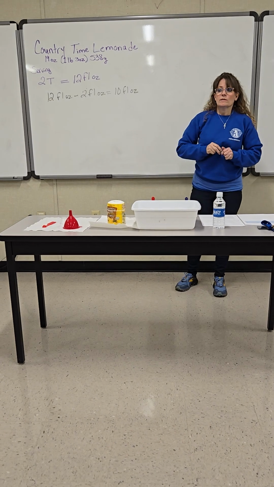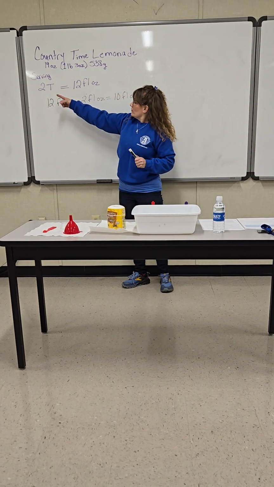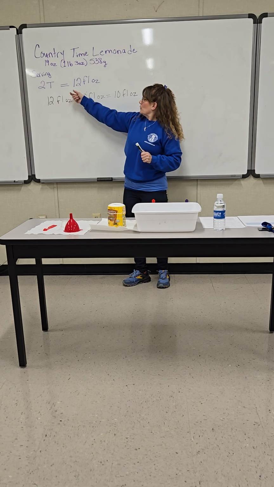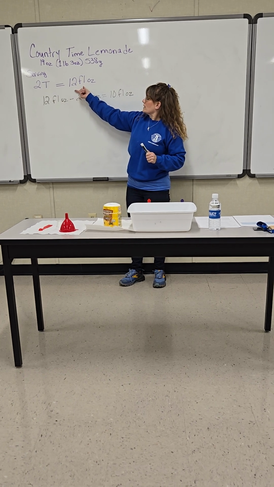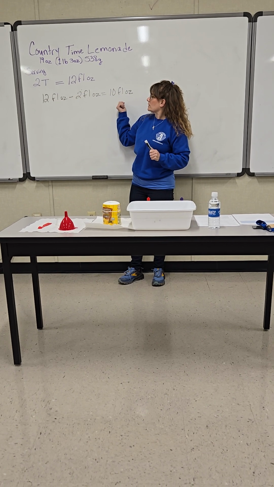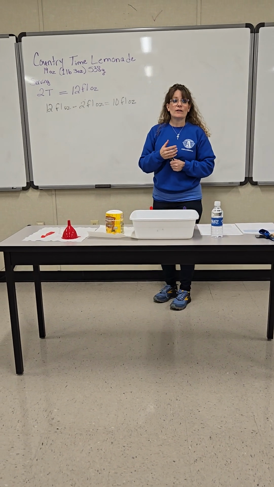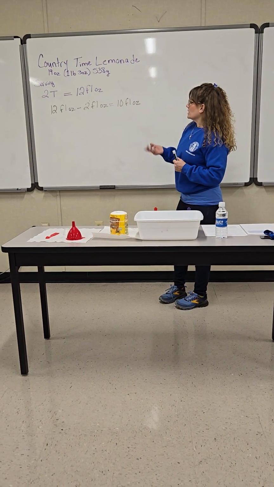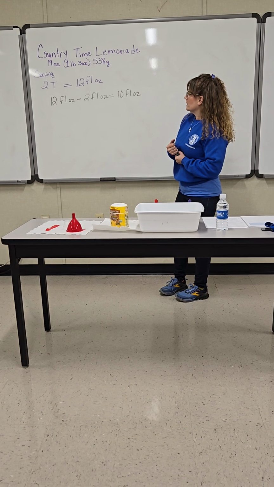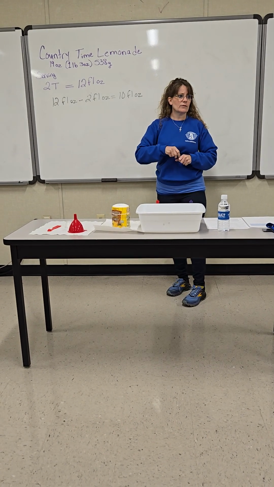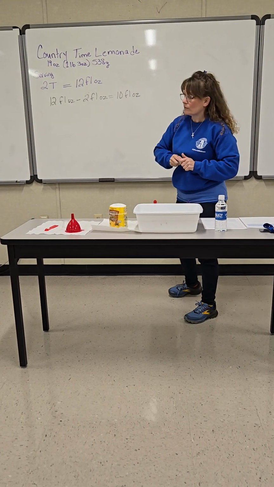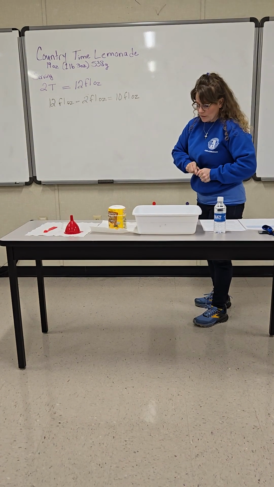Okay? So now, it says for every 2 tablespoons, we're going to use 12 fluid ounces, but we don't have 12 fluid ounces now. We have 10 fluid ounces, correct? So now we need to figure out how many tablespoons I need to put in there. So we're going to do things just a little bit different. You may have another way of solving for it.